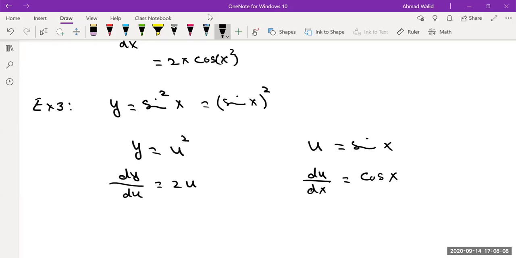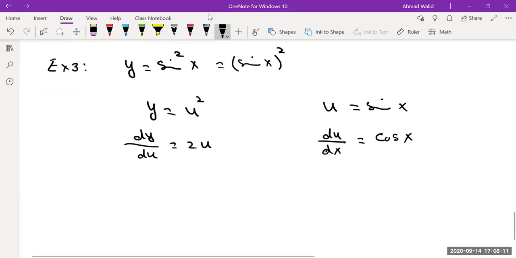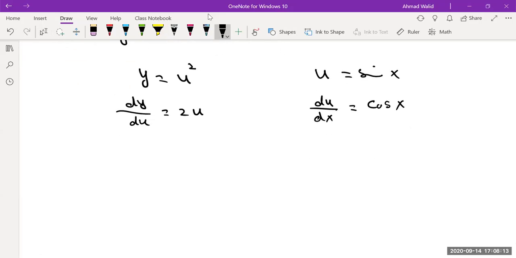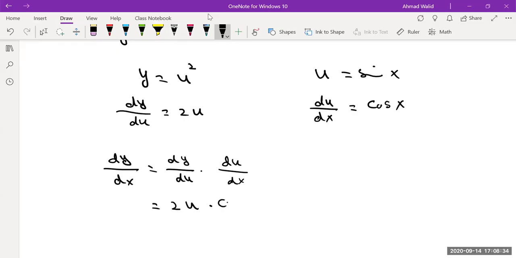Now, formula, put the pieces together. dy over dx equals dy over du times du over dx, which means dy over du is 2u times du over dx is cosine x. Just substitute back the value of u. What was your u?